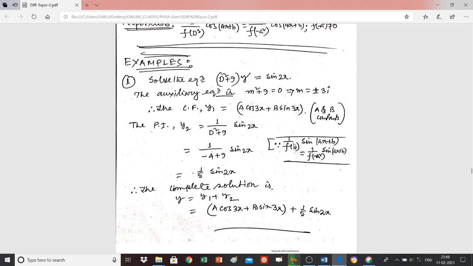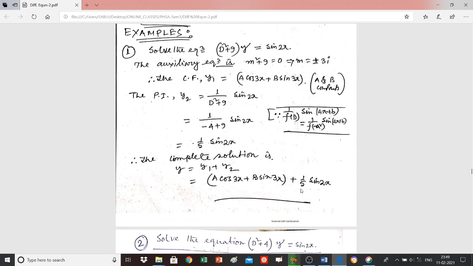So here D square should be replaced by minus 2 square, as a is 2. So this is equal to 1 by (minus 4 plus 9) sine 2x, that is 1 by 5 sine 2x. So this is the particular integral. The complete solution is the sum of the complementary function and this particular integral. So this is the complete solution.